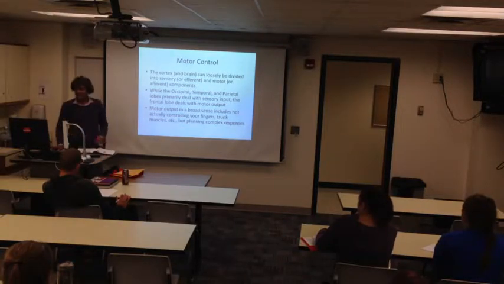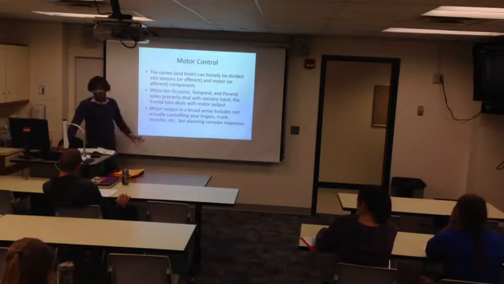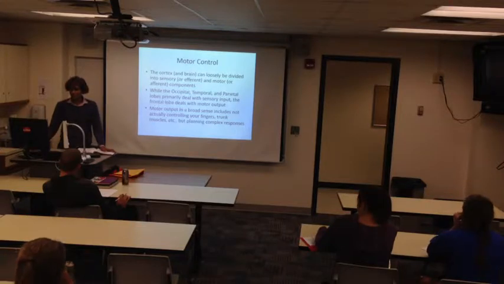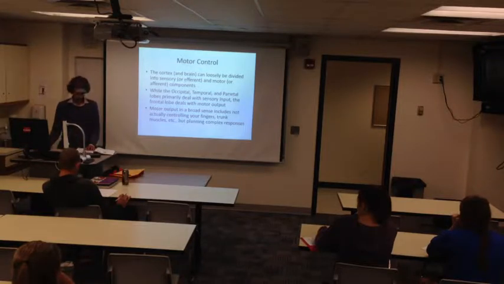So in that broad sense, you can think about control of body organs as being a motor function, like sympathetic activation and things like that. And senses don't only mean senses from the environment, they also mean senses from the body, like the kinesthetic and proprioceptive senses that we talked about last week.